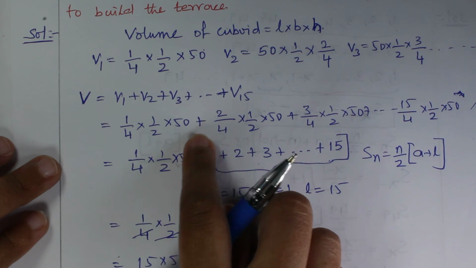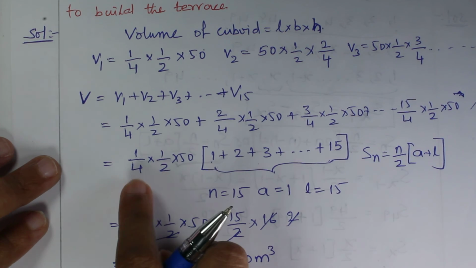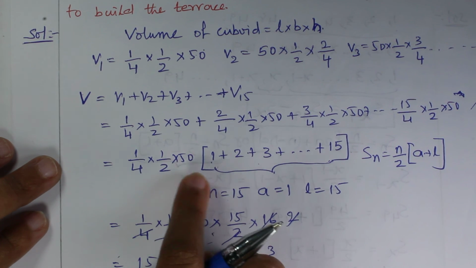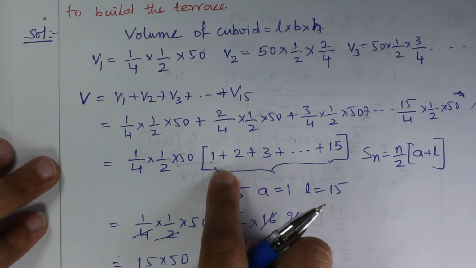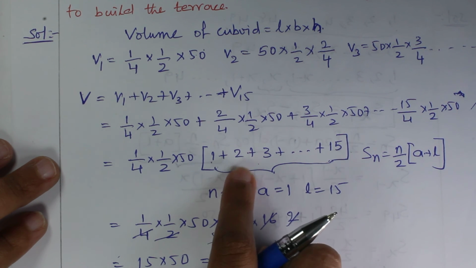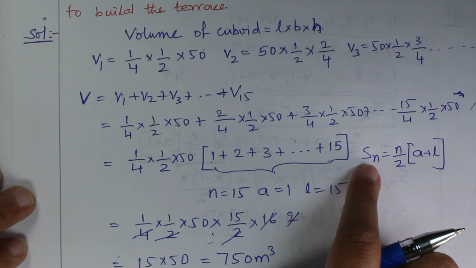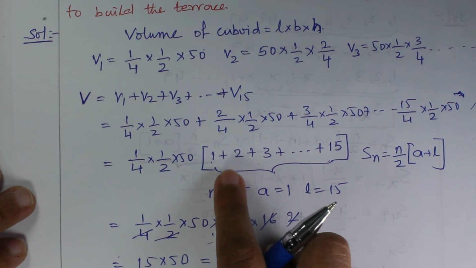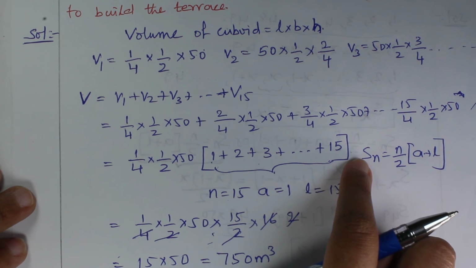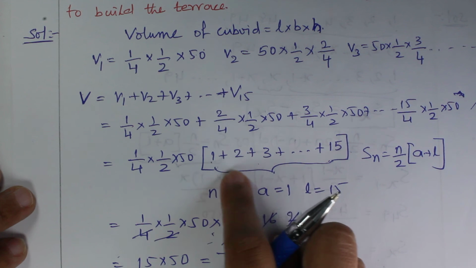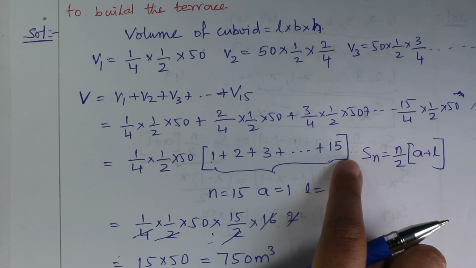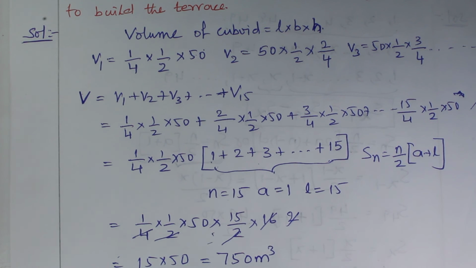I have added the volumes of all the steps, and I have taken 1 by 4 into 1 by 2 into 50 as common, and the rest of the part remaining is 1 plus 2 plus 3 up to 15. So this is a series in arithmetic progression. 1, 2, 3, 4, 5 till 15 is in arithmetic progression. So this becomes a sum of the terms in an arithmetic progression.